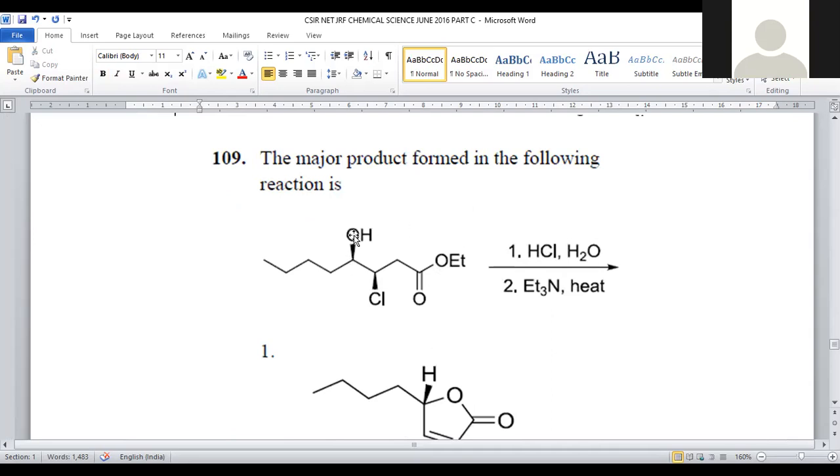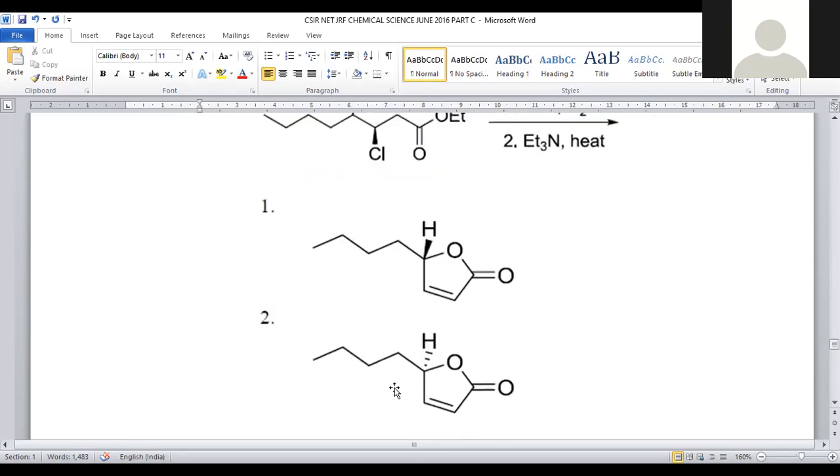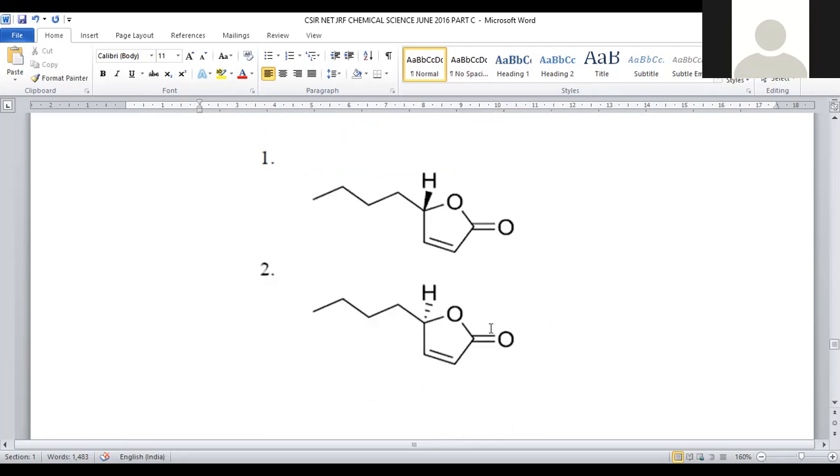During the cyclization, whatever OH is present on the wedge bond will come into the plane, because in order to get the cyclization, the two should be in the same plane, right? Whenever it comes into the plane, automatically this side chain alkyl group will come up. So when it comes up, hydrogen will go back. All such conditions are provided in option number 2. So for question number 109, option number 2 is the correct answer.